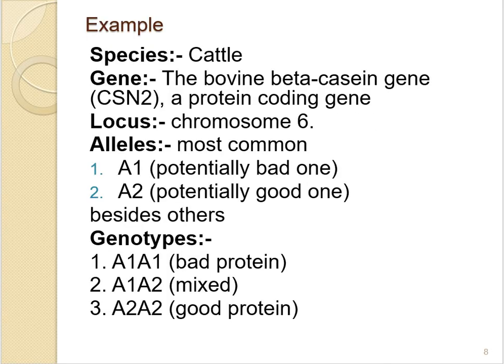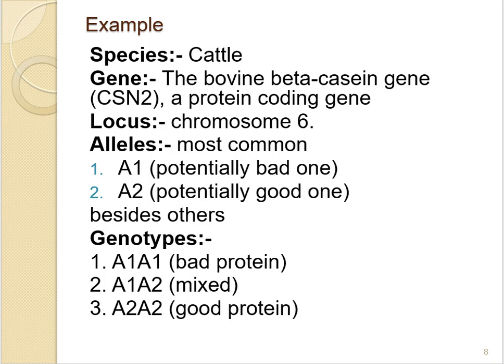Let's have an example of a typical gene. In cattle, we have the bovine beta-casein gene, which is called the CSN2 gene. It is a protein coding gene, its locus is chromosome number 6, and it has two main alleles.